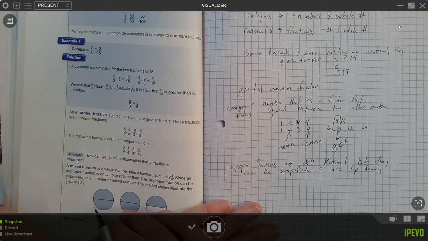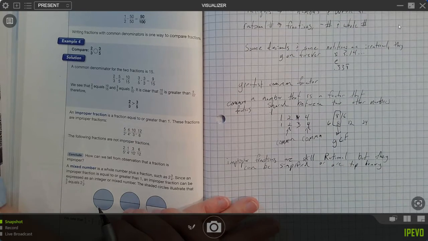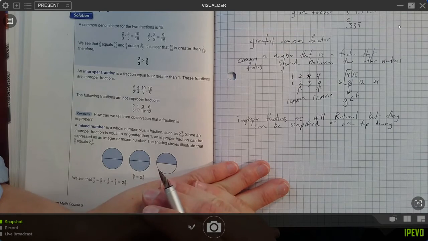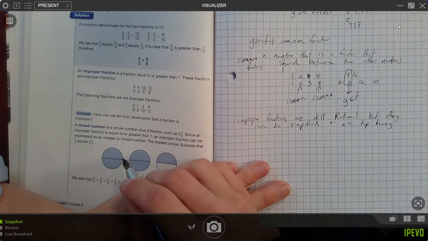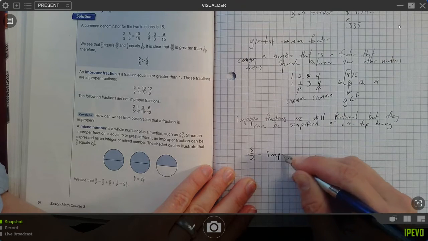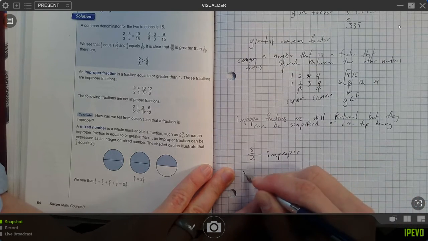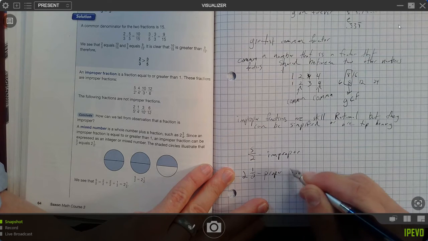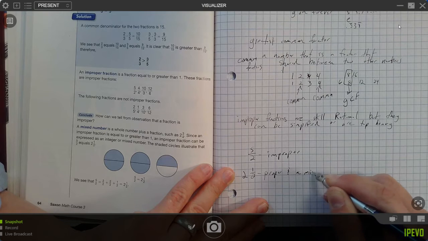It's not helpful for us. Okay. A mixed number is a whole number plus a fraction. So usually we turn improper fractions into mixed numbers. So 5 over 2 is improper. 2 and a half is proper and a mixed number.